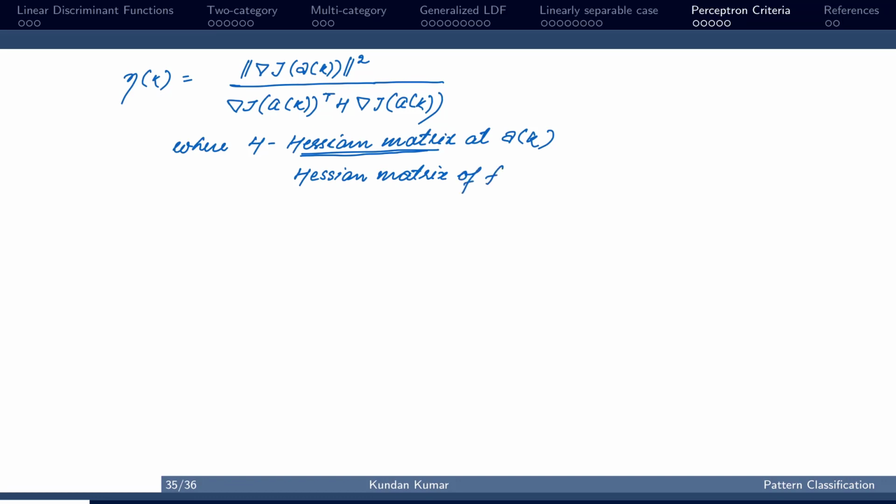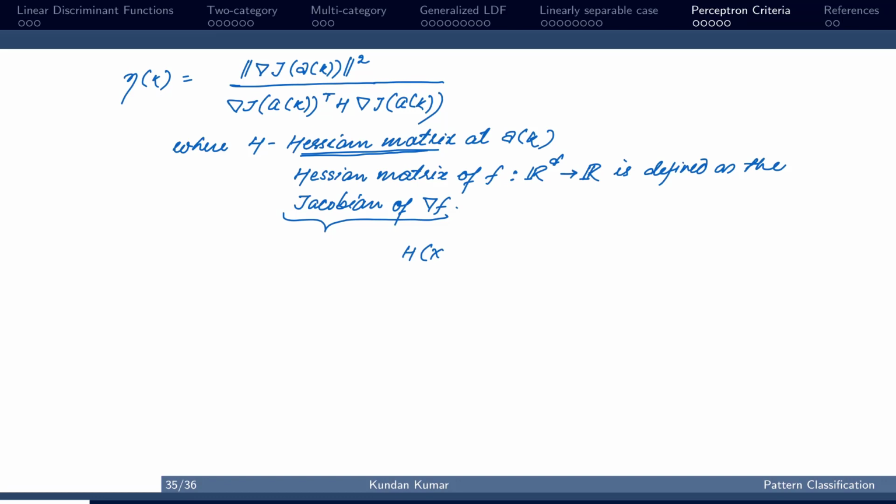The Hessian matrix of F is the mapping from D-dimensional space to R, defined as the Jacobian of del F. So if F is some given function, we have to understand what the Jacobian of grad F is.